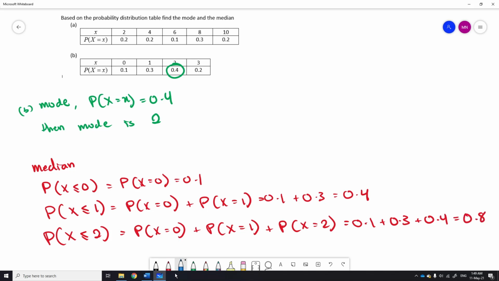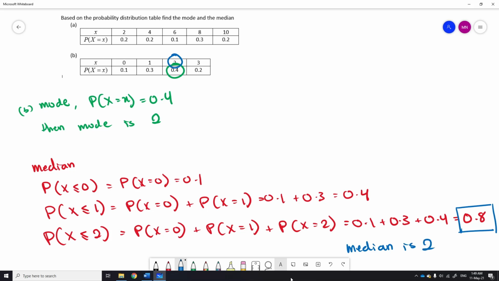Okay, when we have reached a number that is bigger than 0.5, we are done. When the number is bigger than 0.5, we can just take that value directly as the median. So our median is 2.